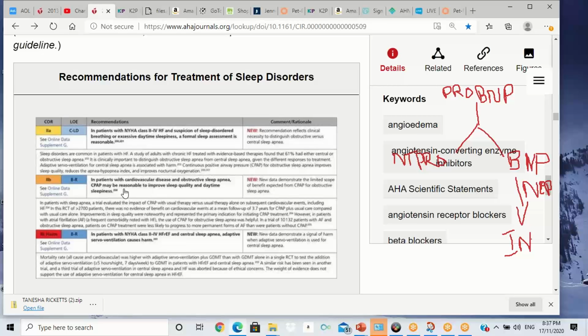That gets a 2A indication, so still do it. 2B, if the patient has heart failure and sleep apnea, then CPAP, continuous positive airway pressure, may be reasonable to improve quality and daytime sleepiness. So that's also new. You do a sleep study, and if they need CPAP, then you put them on the CPAP.